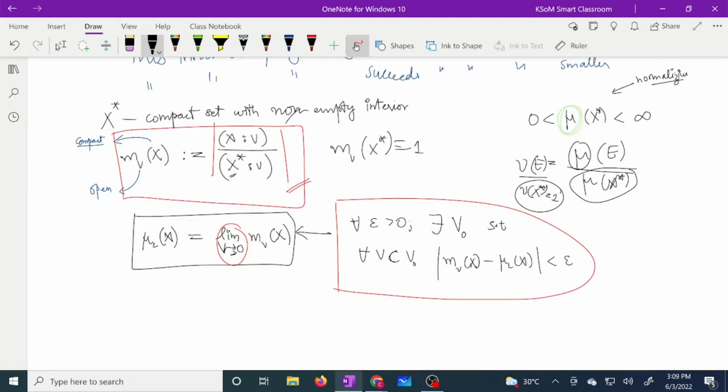What I have written here is the meaning of that. That open set tending to 0 means this, the meaning of the definition. For every epsilon there exist open sets such that. This is what I mean by this limit.